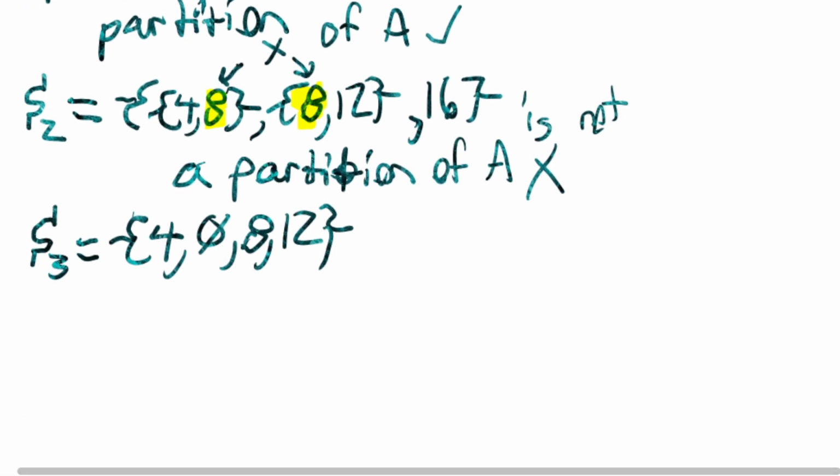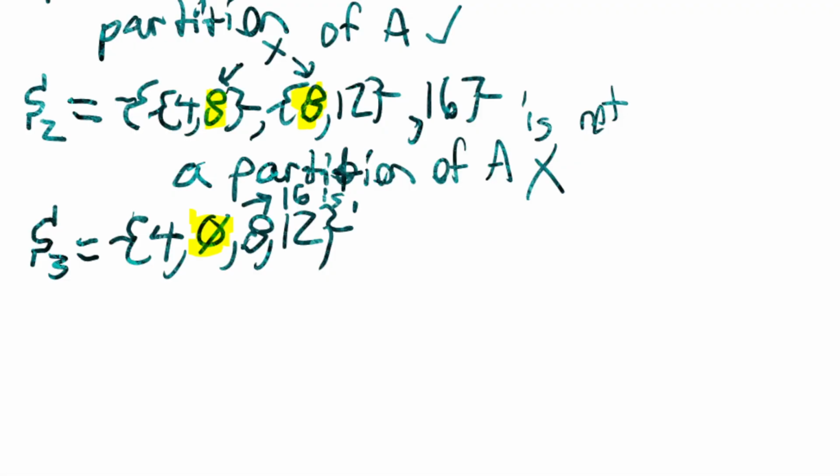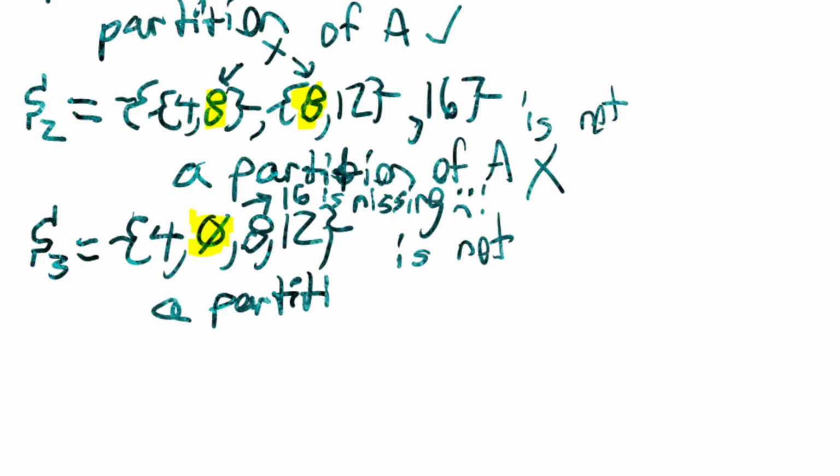And then there are two important things to look at for set S3. First, we have the empty set as an element, and also 16 is missing. So set S3 is not a partition of A.